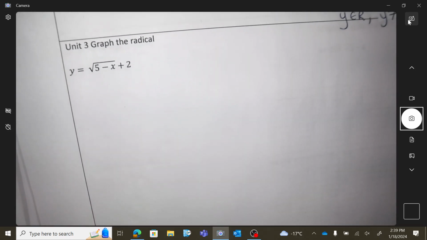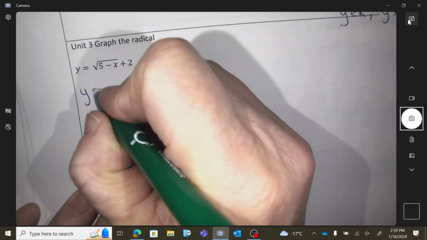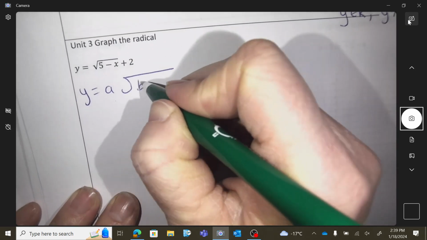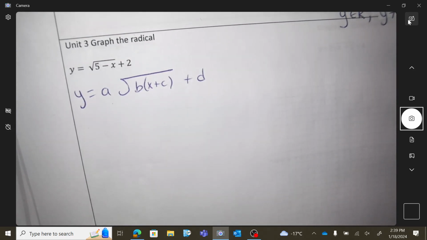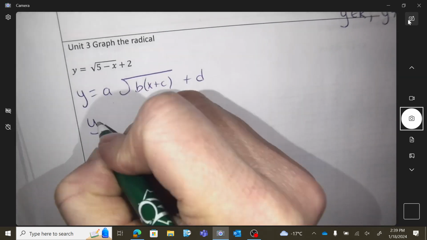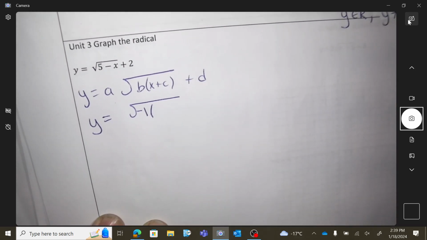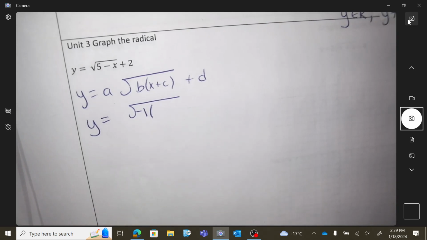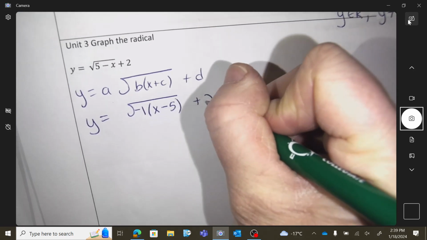Okay, I won't even touch this right now. Why? Does it look like that? No. Can we move stuff around before we attack it? Factor -1 out of that. I don't like the negative x. So then it would be x -5.